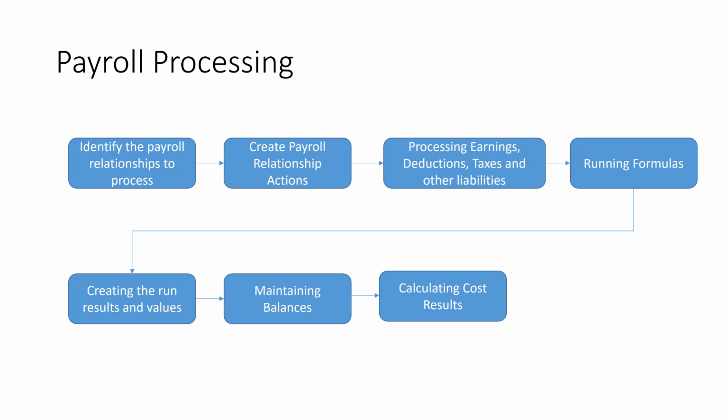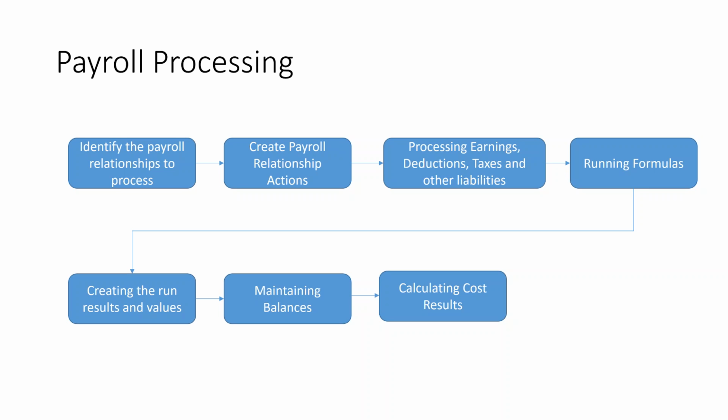Now, if you start from the first process, what happens in the payroll engine is that when you start the payroll, it identifies the payroll relationships to process. That's the first box. Now here comes all your eligibility processes and the object groups.